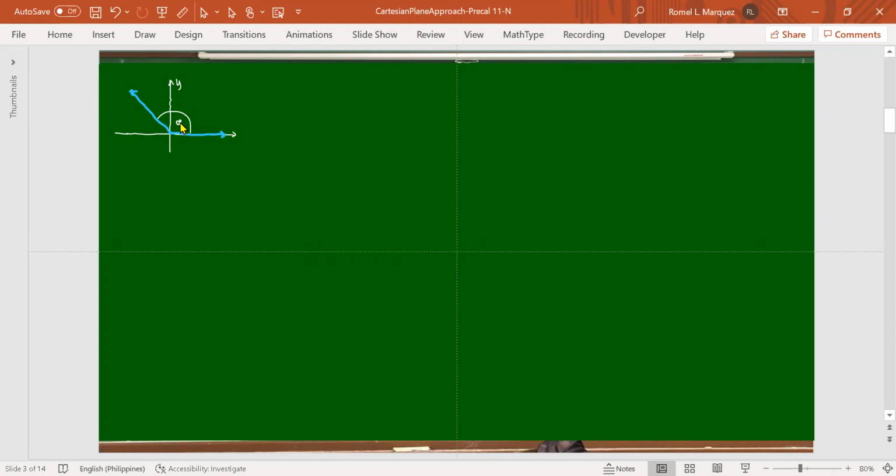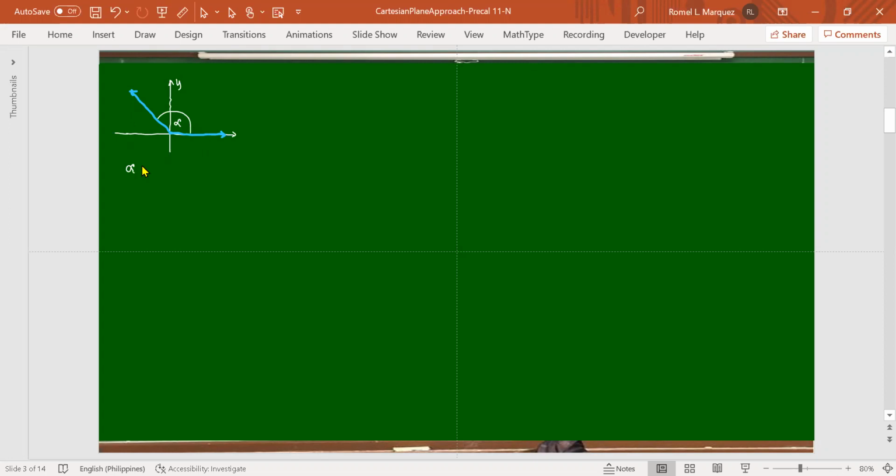Is alpha a positive or negative angle? Positive.